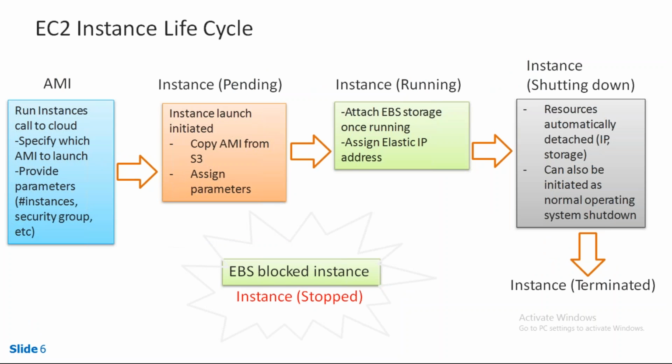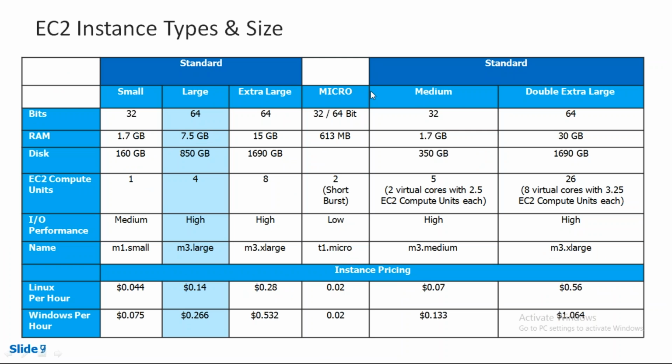Then next is the EC2 instance life cycle. So this is what the life cycle is. And pricing. Just go through this pricing. I think it has changed now, which we have seen yesterday, so this may not be today's price.